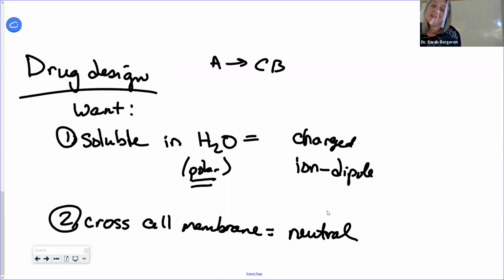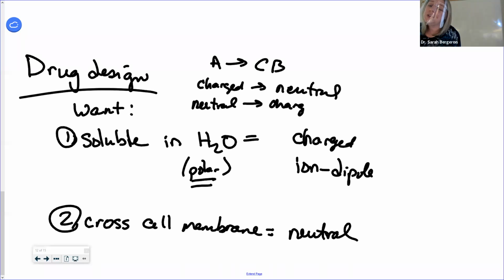You could have something that was charged going to something neutral, or you could have something neutral then becoming charged. And all I have to do is change the pH, and those hydrogens start popping off when I want them to, which is really awesome in drug design, right? So have you ever seen the sinus congestion drugs?